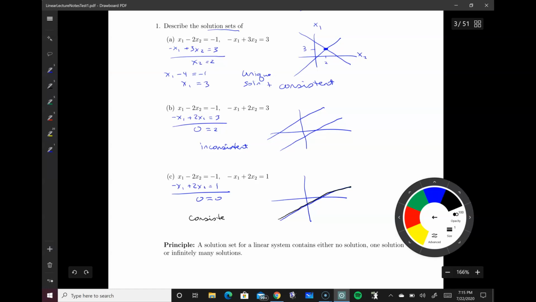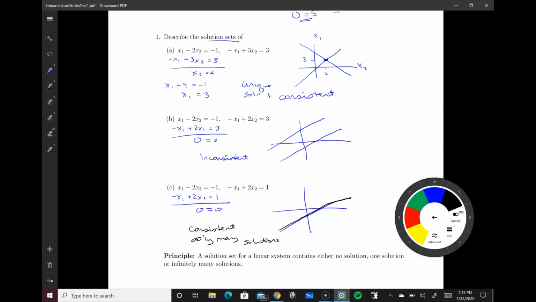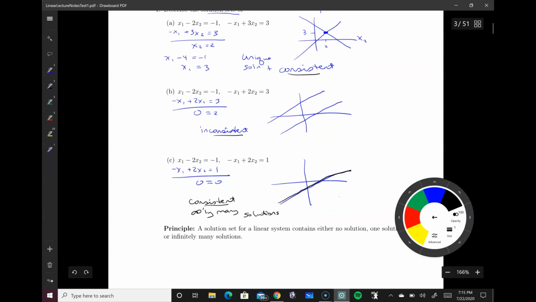So this is a consistent system with infinitely many solutions. So these are the pictures of the three cases. We're not going to have pictures all that often, so this can be helpful for you to see. So we have two cases of consistent and one case of inconsistent.